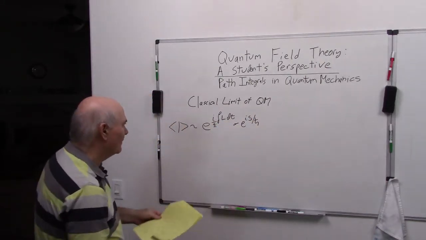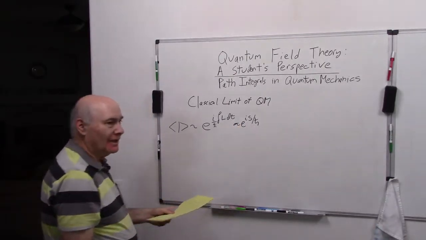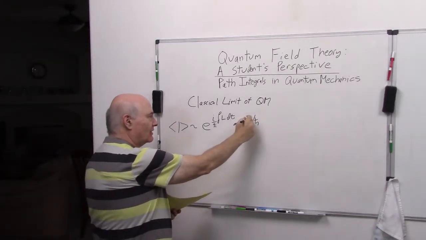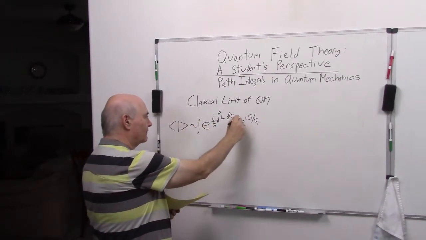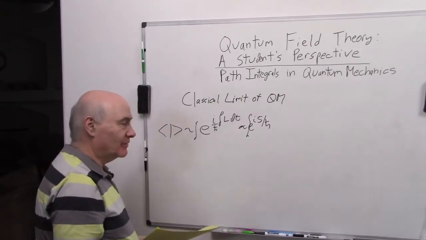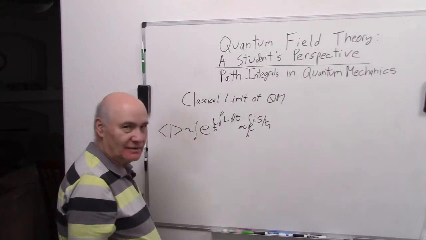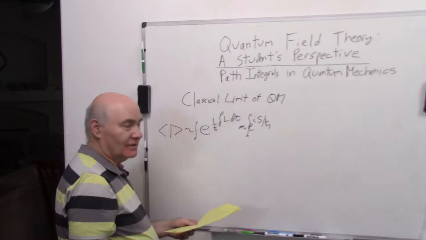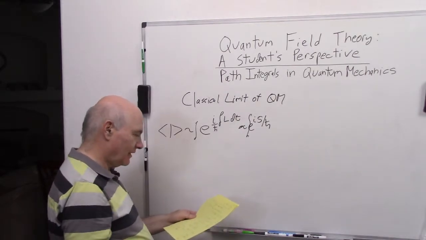So we have something that's proportional to a phase factor. When we're in the classical regime, the action S, which is an integral, is going to be very large, so S over h bar is going to be large. We get a widely oscillating phase factor, which usually ends up zeroing out through constructive and destructive interference, and so we get nothing.